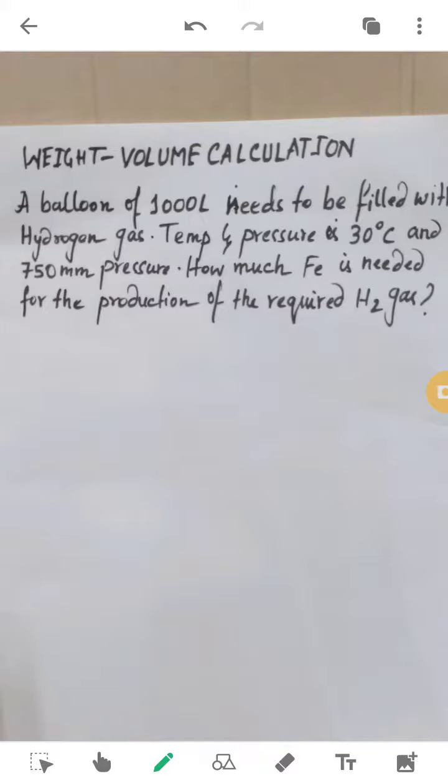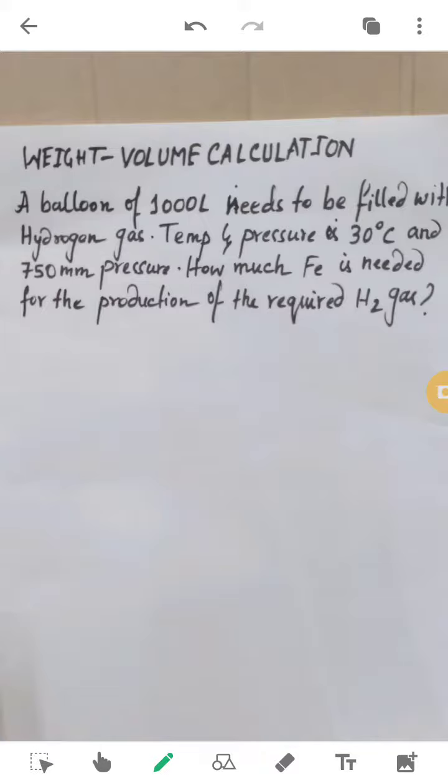And from this, whenever the gaseous elements or molecules are given at different conditions of temperature and pressure, you have to first find it out at STP conditions, and then you can go from the balanced reaction, because whatever we estimate from the balanced reaction is at STP.